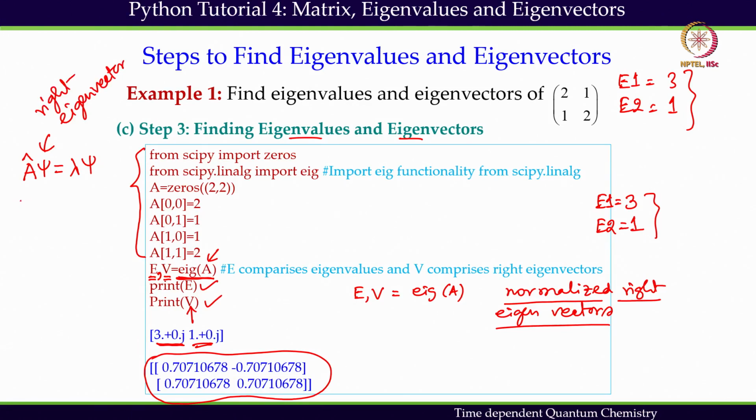Another expression I can have is where A is acting from the right. This can also give me an eigenvalue equation. When it does that, then this is called the left eigenvector.